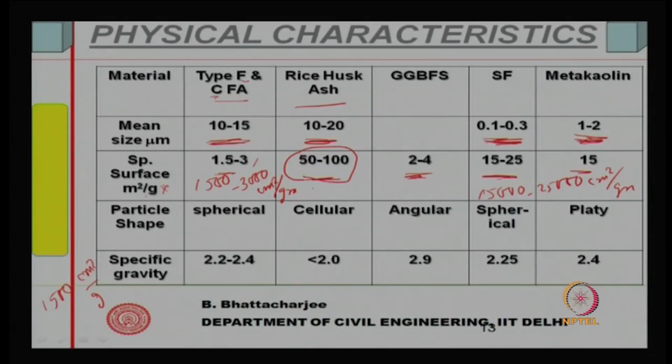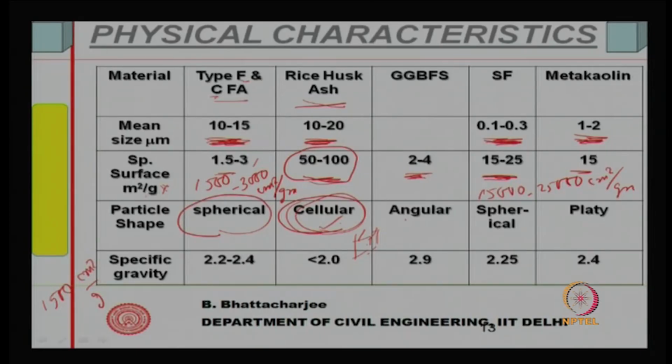So, specific surface is much higher in case of silica fume, metakaolin and rice husk ash. Whereas fly ash has low specific surface because particle sizes here are large. There is a reason why rice husk ash has a very large surface area: it has a cellular structure, cell like, whereas fly ash particles are spherical.